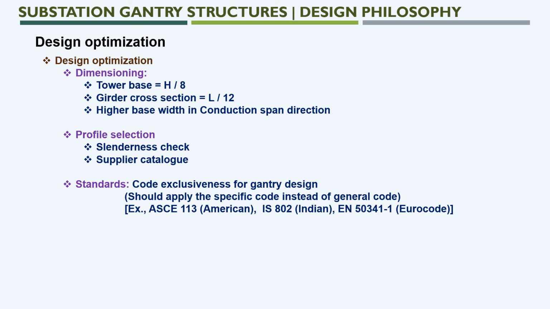So optimization we used to miss if you are using the general code instead of this specific code. So these are the major points we need to consider for design optimization of any gantry structures.